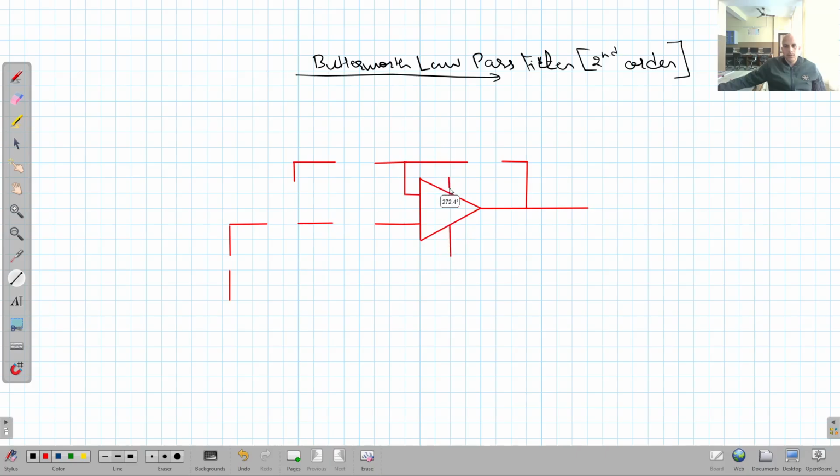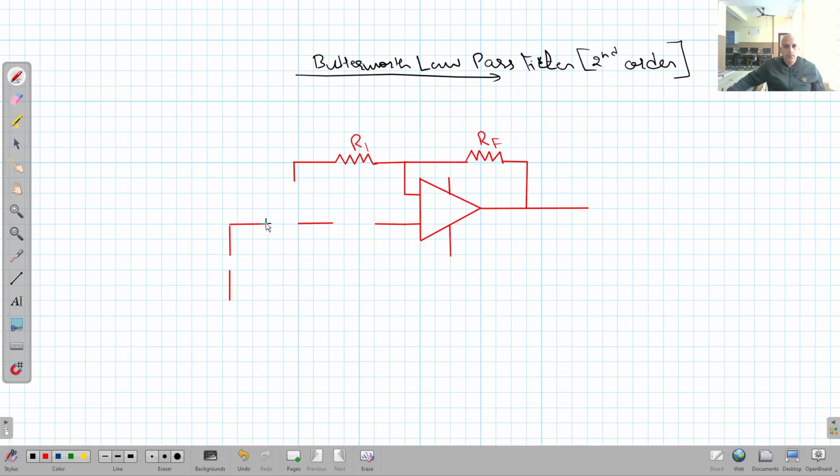This is for plus VCC and minus VEE, right? So now I can draw the resistances here. This is R1. This is RF, feedback resistance, right?